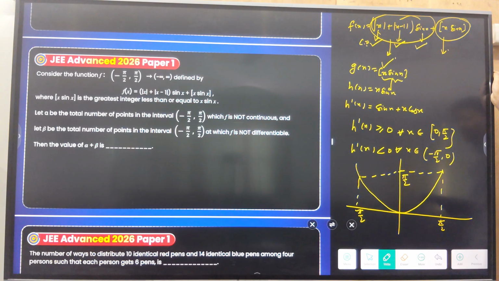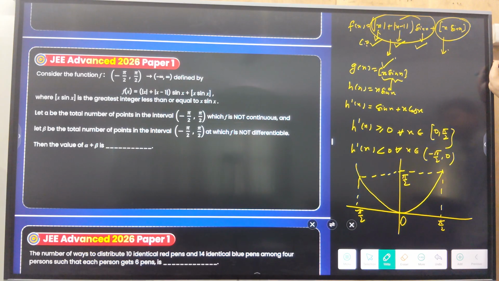So now we know the nature of this function h(x): from 0 to pi by 2 this function is increasing and the concavity is upward, because h double dash x is greater than 0 in 0 to pi by 2. Also in minus pi by 2 to 0, h double dash x is greater than 0, so the concavity is upward.